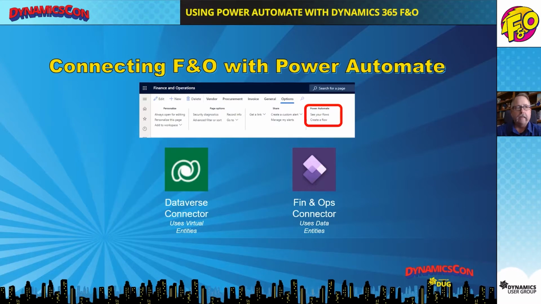Now, how do I connect Dynamics 365 Finance with Power Automate? Well, there's a couple ways you can do that. There is a connector specifically for finance and operations, and it uses the data entities for you to connect. You can also use the Dataverse connector if you've turned on virtual entities.